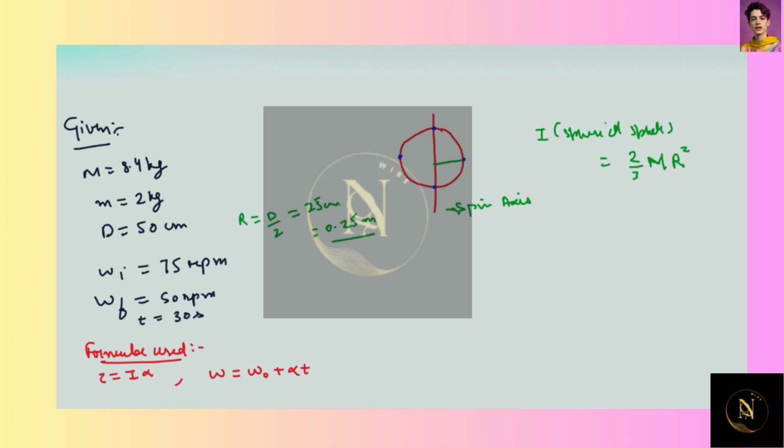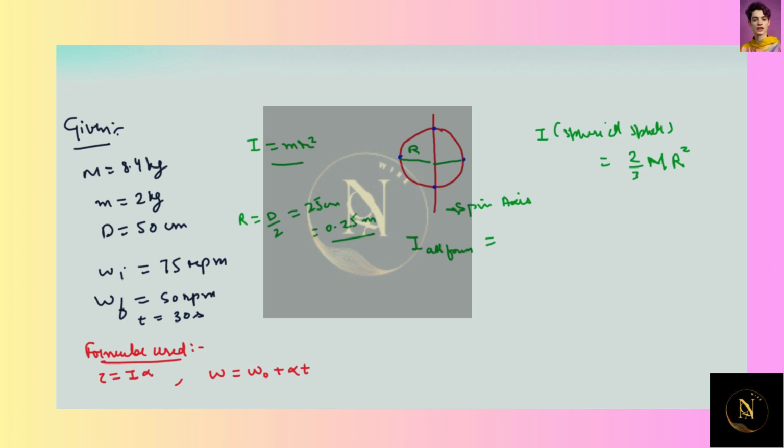Now we have two masses on the axis and the other two masses are at distance R. So the moment of inertia of all four masses: the general formula for moment of inertia is m r squared. Here the distance from the axis to the first mass is 0, so its moment of inertia is 0.